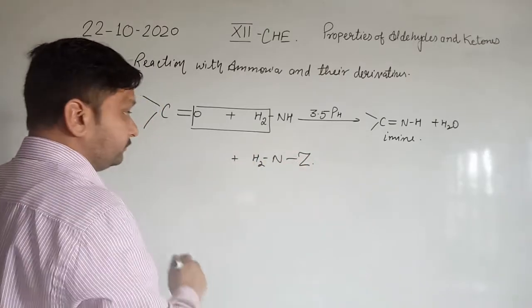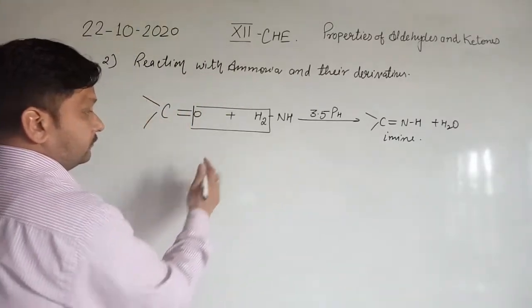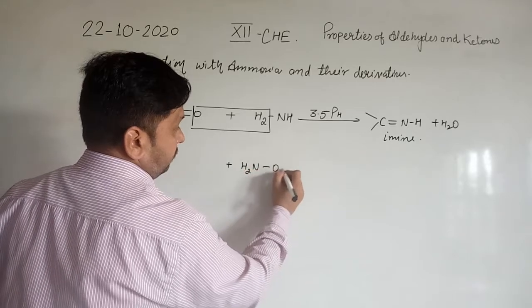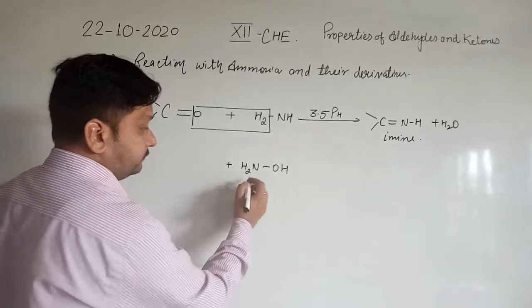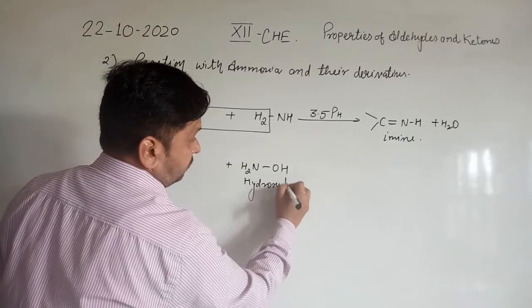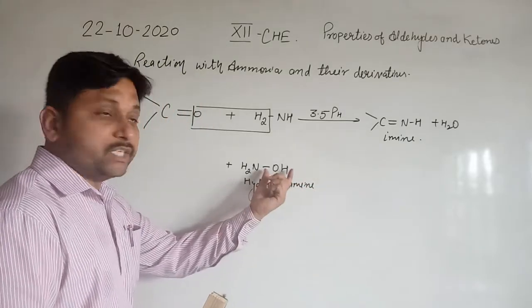What are the Z? This compound is known as hydroxylamine. In this hydroxylamine, the value of Z is OH.